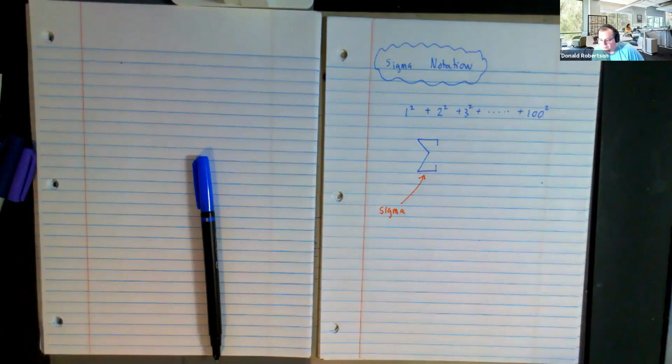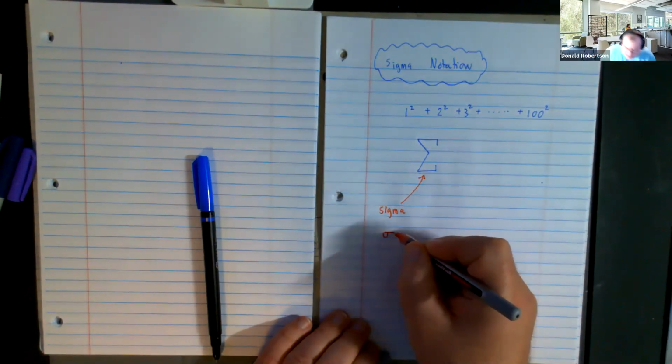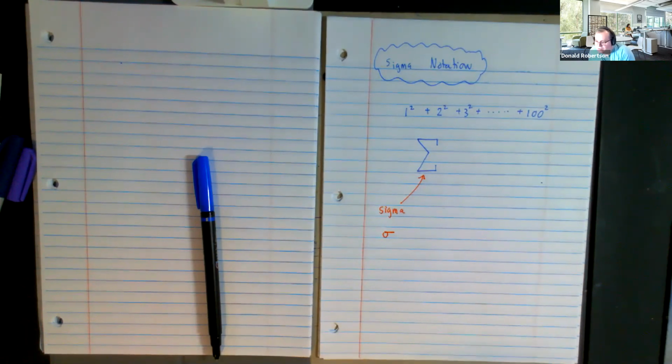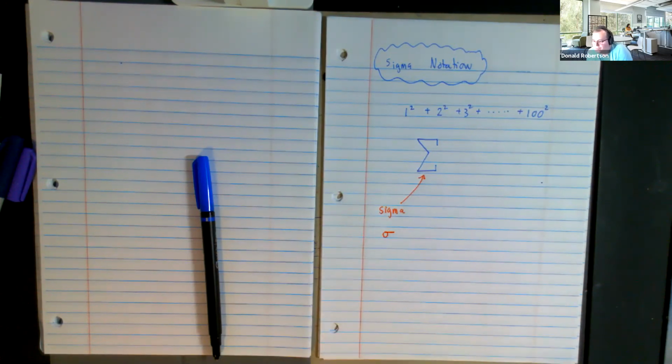It's a capital sigma. If you've ever heard of sigma, remember that little guy that looked like that from statistics? He's also called sigma. He's capital sigma, he's lowercase sigma, right? So if you're wondering how come it's called sigma, it's like capital A and little a. They don't look like each other, but they're both A's.